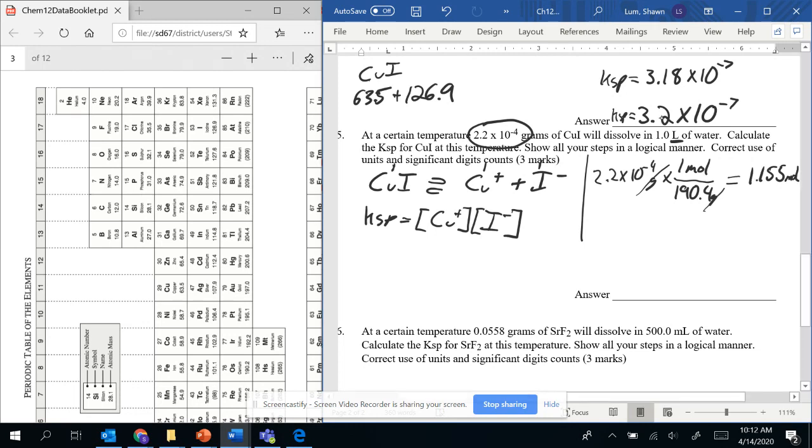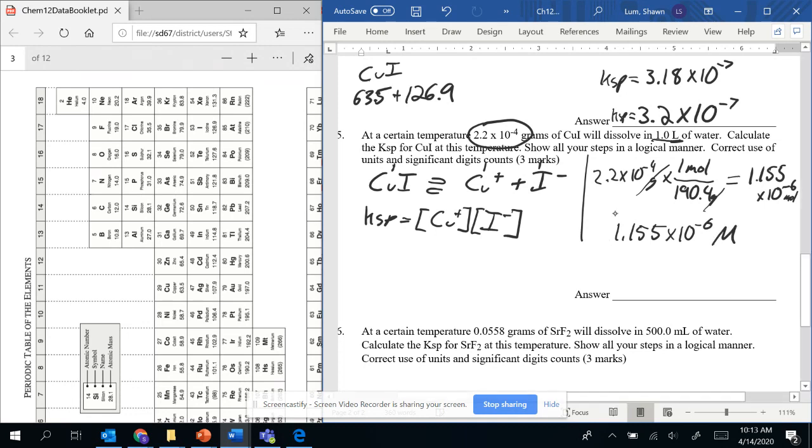Now, since this question was very nice to us and said it's in 1 liter, I kind of made a little mistake right here. 1.155 times 10 to the negative, let's see, 1, 2, 3, 4, 5, 6, negative 6 moles. Got my scientific notation right there. So this is 1 liter right here, so I have to divide by 1 liter in order to get concentration. So this is actually going to be 1.155 times 10 to the negative 6, divide this by 1, which just turns into molarity.